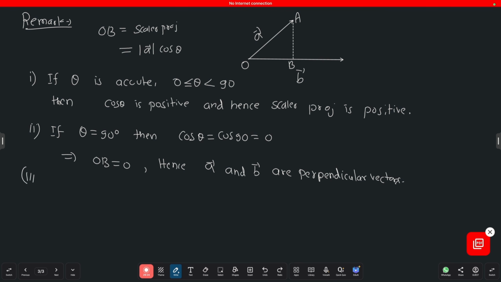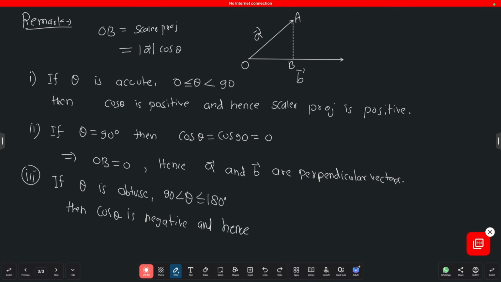Number 3, if theta is obtuse, it implies theta is greater than 90 and less than or equal to 180. Then cos theta is negative and hence scalar projection is negative.